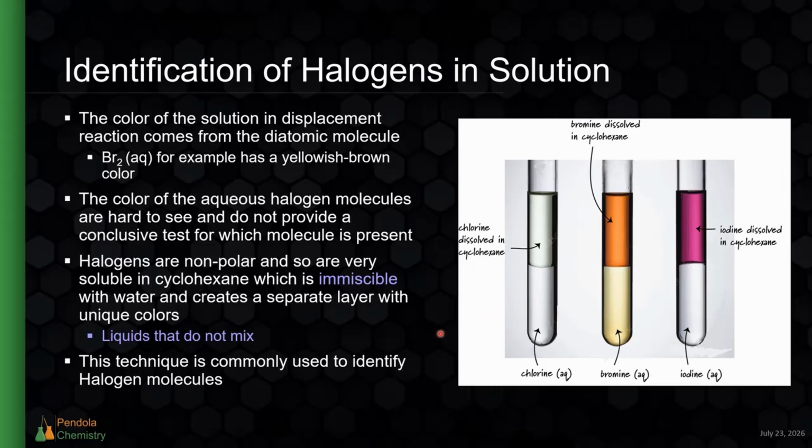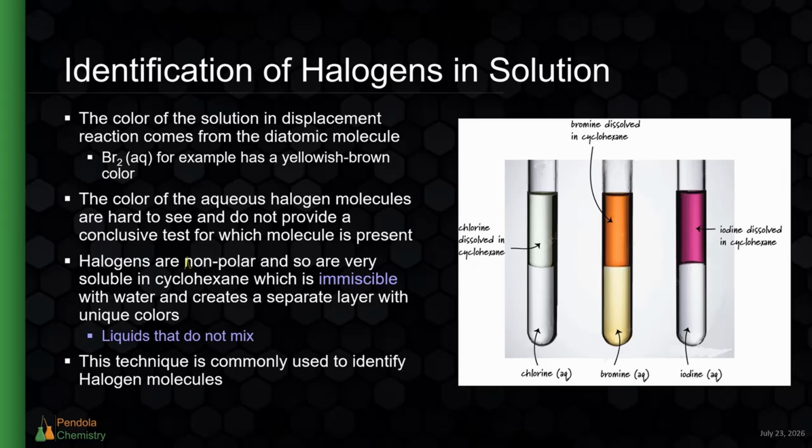However, there is one way to tell which diatomic molecule is present in an aqueous solution. Halogens, because they're extremely non-polar, and that is very important here, are going to be very soluble in cyclohexane.